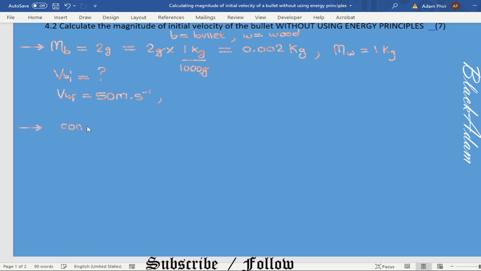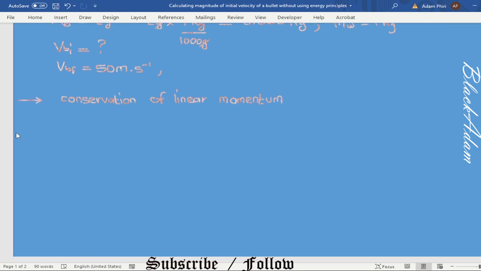We're going to use the conservation of linear momentum first. For every collision we use conservation of linear momentum, even if we don't find the answer directly, because at least we'll have an expression we can use later. Before the collision: mass of bullet times initial velocity of bullet, plus mass of wood times initial velocity of wood.